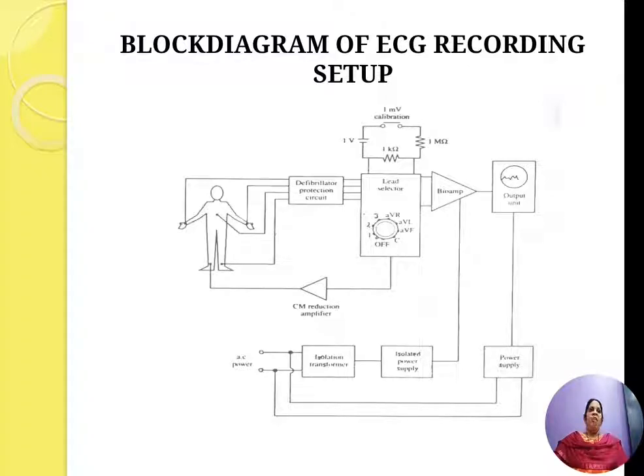Block diagram of the ECG recording setup. As you can see in the figure, the patient is connected by cables from 5 locations on the body to a defibrillator protection circuit.